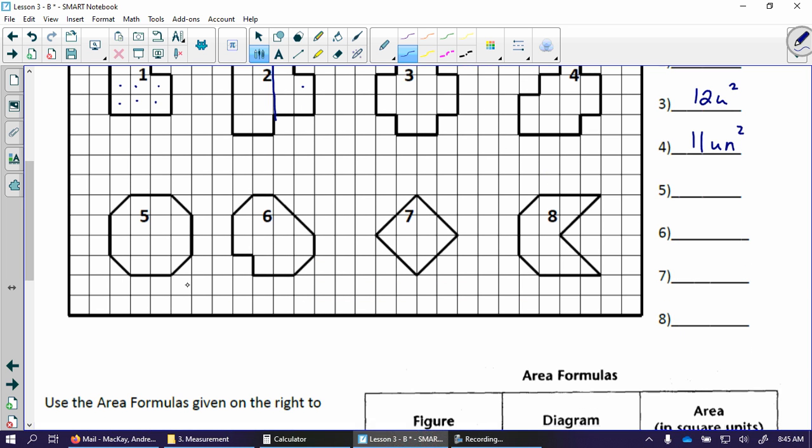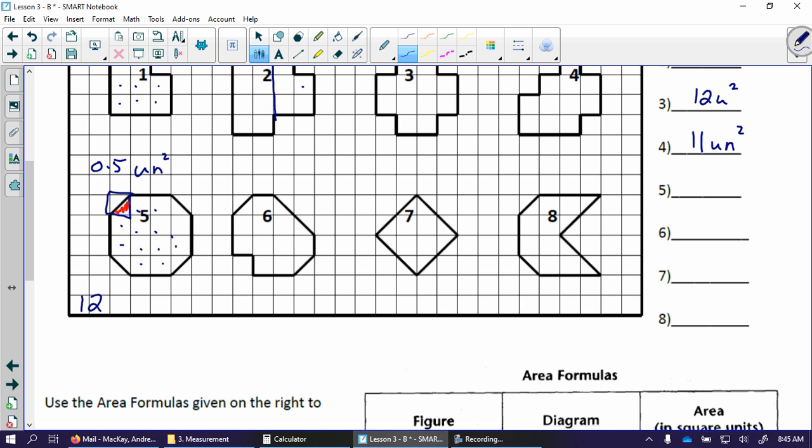Now, the ones down here that have diagonals, if I look at this particular one, that is a square unit. If I go along the diagonal, this shaded space down here would be a half a square unit. So I'm going to count all of the full ones, and then we're going to look at the half ones and go from there. So the full blocks, we have 1, 2, 3, 4, 5, 6, 7, 8, 9, 10, 11, 12.